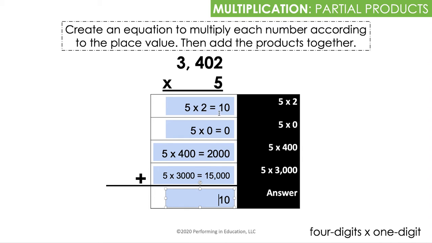In the hundreds place, we don't have any hundreds here or here. We got 0 hundreds here and 0 hundreds here. So we're going to have a 0 in the hundreds place. In the thousands place, we've got no thousands here, no thousands here, 2,000 and 15,000.